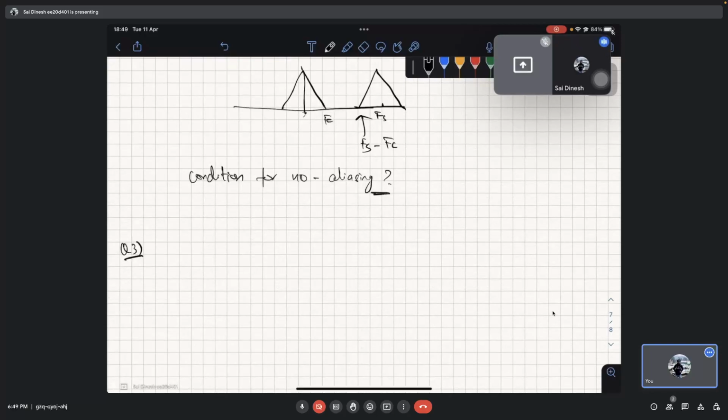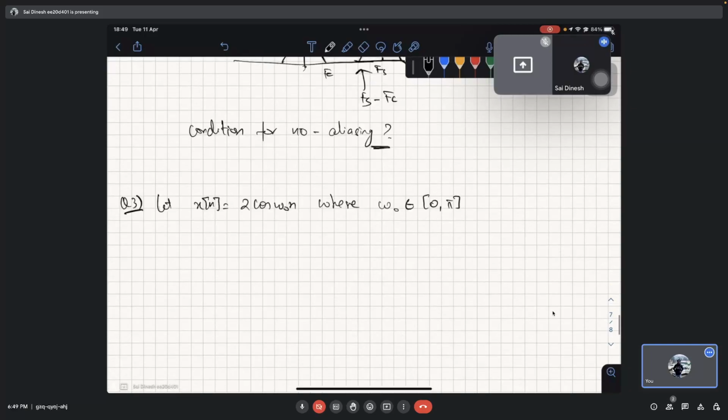Next, question 3. Let x of n be equal to 2 cos omega naught n, where omega naught belongs to 0 and pi. So based on this information alone, can we deduce the true frequency omega naught corresponding to the continuous time signal x of t?